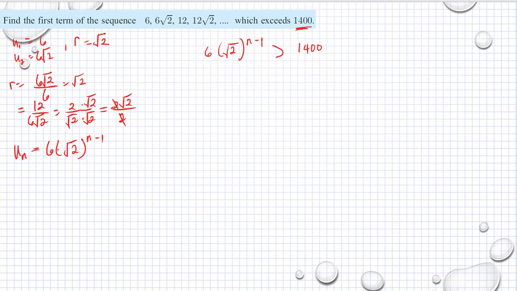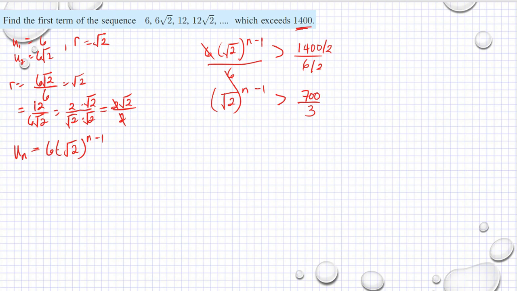And then if we divide both sides of the equation by 6, then we have square root of 2 raised to n minus 1 is greater than 1400 divided by 6. If we divide by 2 there, then we have 700 divided by 3.